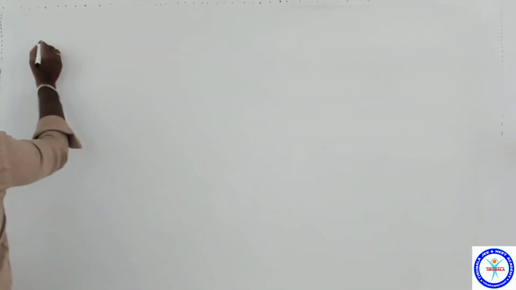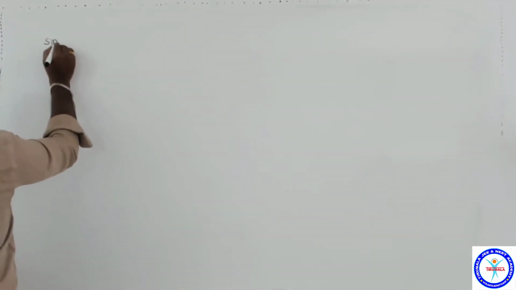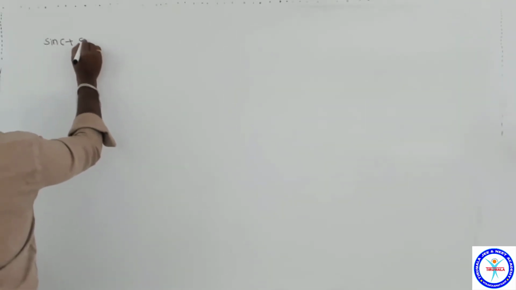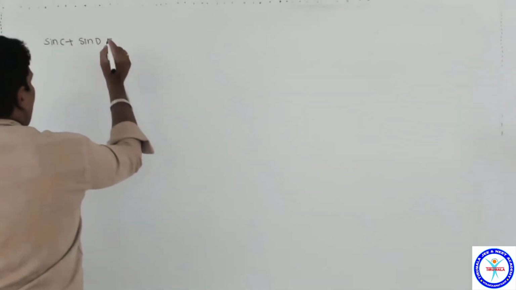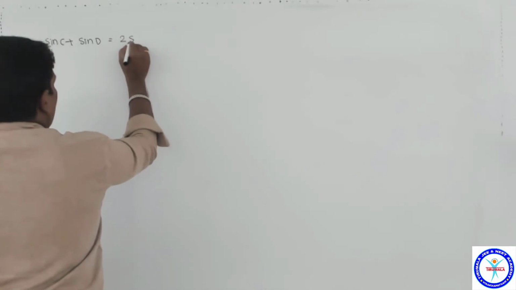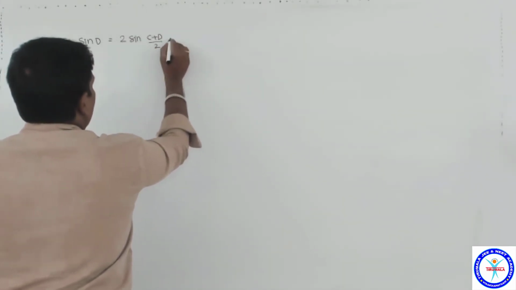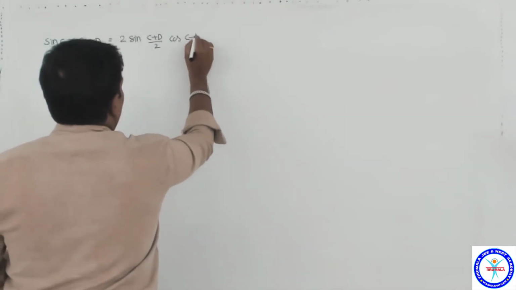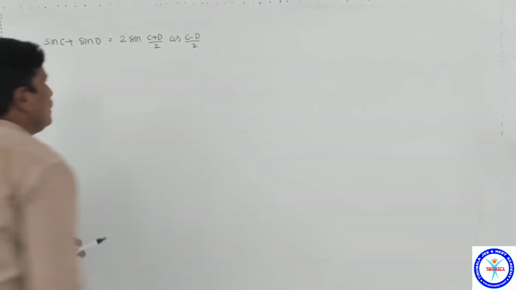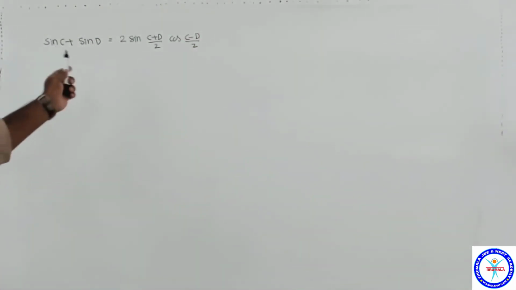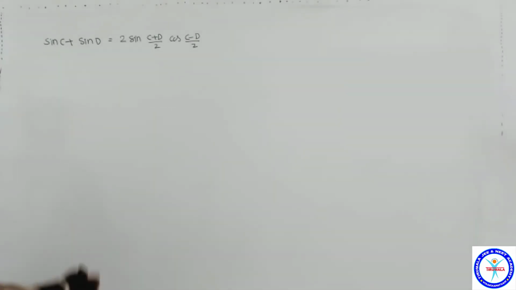These are also very important formulas. Sin C plus sin D equal to 2 sin C plus D by 2 into cos C minus D by 2.